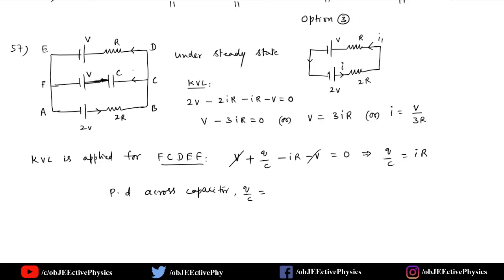So Q by C is equal to, what is I here? V divided by 3R into R. So R and R cancel. So our answer is V divided by 3. Potential drop across the capacitor is V by 3. That is option 4. Option 4 is the right answer.